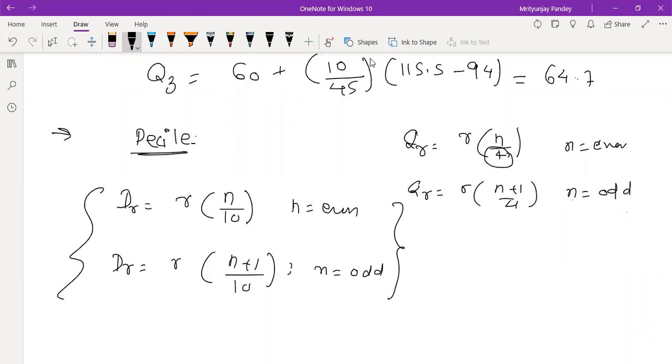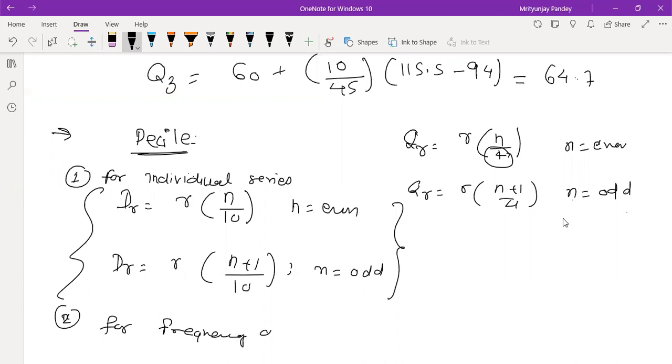So let's see some examples based on that. But this formula is for an individual series. So I will write all the formulas together. First, for an individual series. Second, for frequency distributed data.